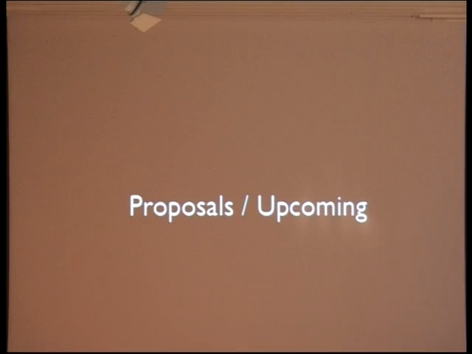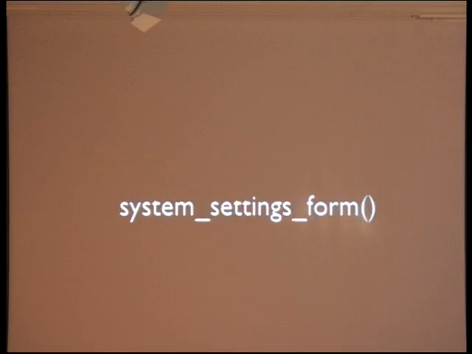However, there's still some stuff that we're talking about and working on that's upcoming that we can discuss and that I'll tell you about. Some of it's exciting, some of it's sort of implementation details, but there's some good things coming. One is that we haven't figured out an implementation of the old system settings form functionality to work with this new system.